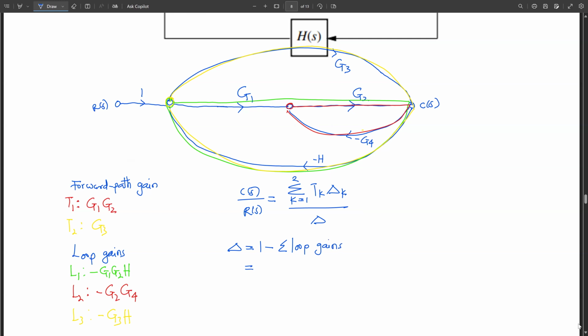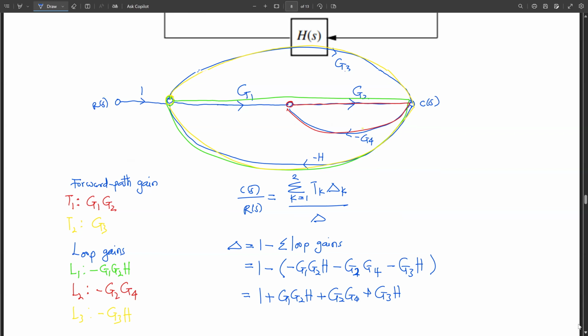Okay. 1 minus the summation of loop gains is minus G1, G2, and H, minus G2 and G4, and minus G3 and H. So you can simplify this to 1 plus G1, G2, H plus G2, G4 plus G3 and H. The next thing to do is to find our delta sub K.